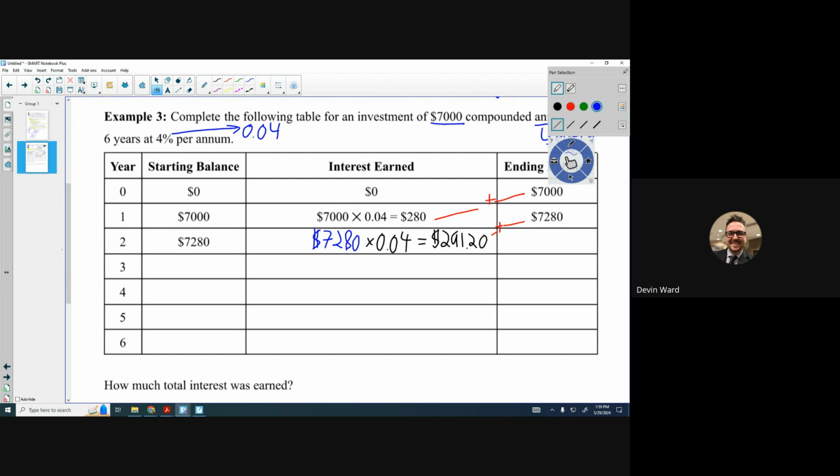Okay. So this is going to give me a new amount of $7,571.20. So that's what I'm going to start year three with.